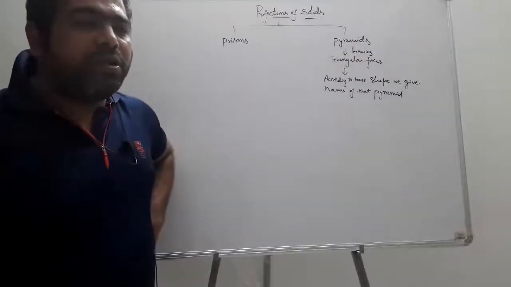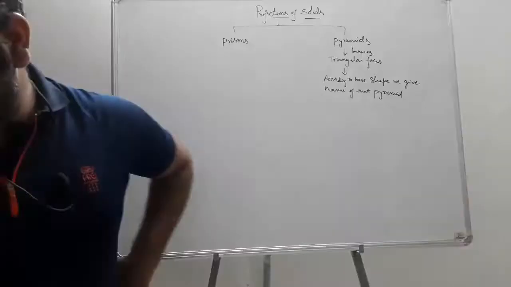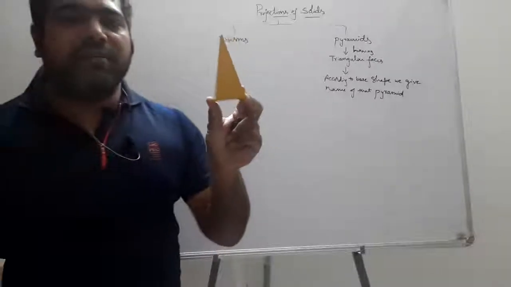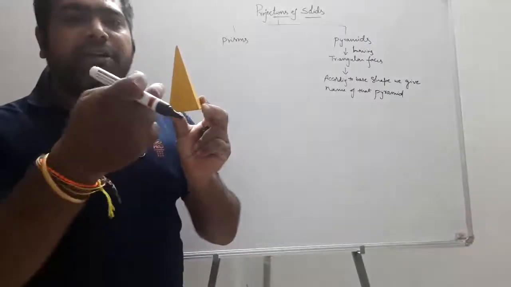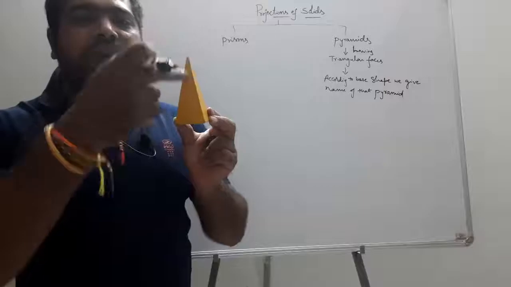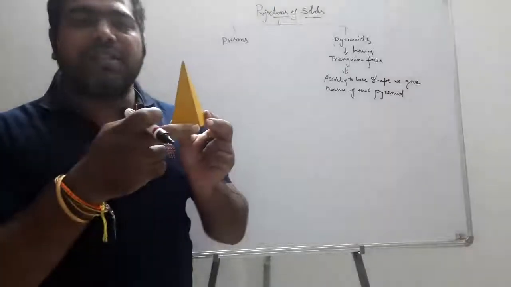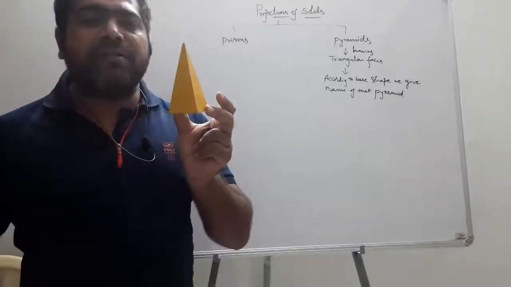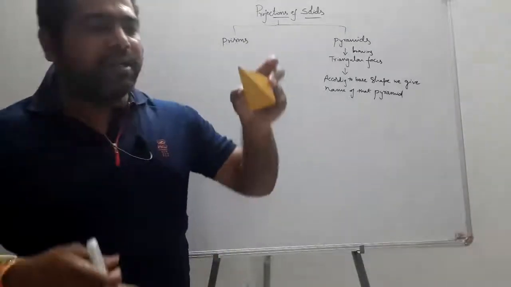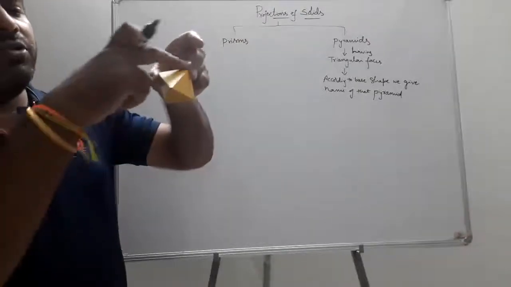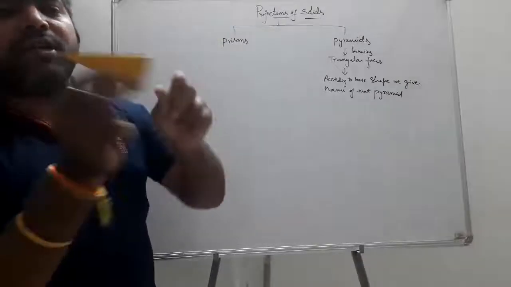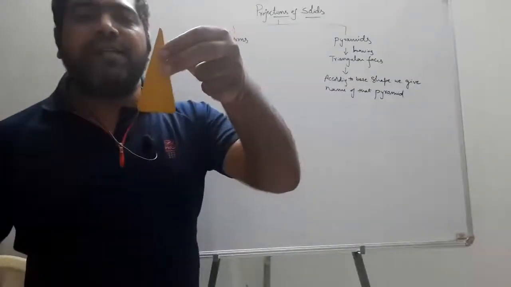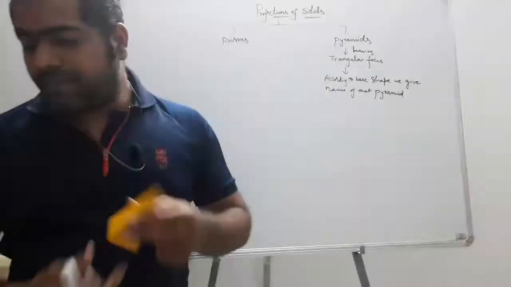When you see a pyramid from the front, you see only a triangular shape, that is nothing but a face. And how can you say it is a square pyramid, sir, when I see from the top? If you see in this manner, you see the base shape as a square. So I consider it as the square pyramid.